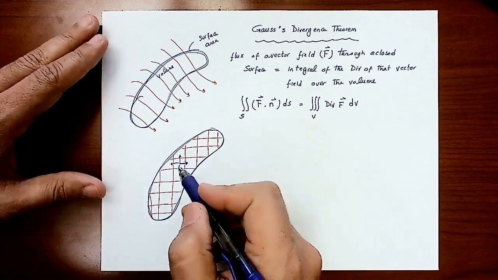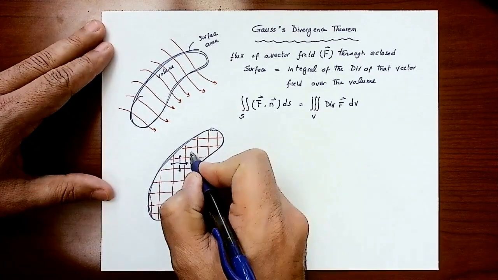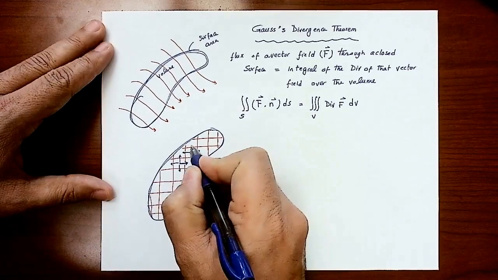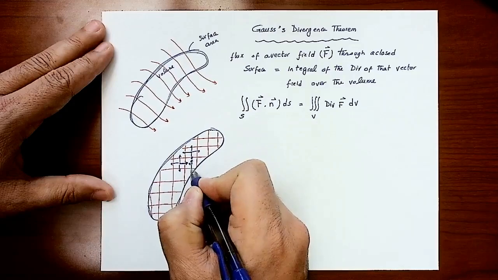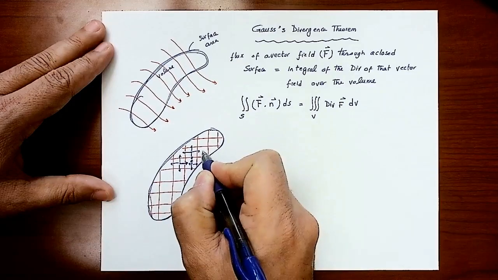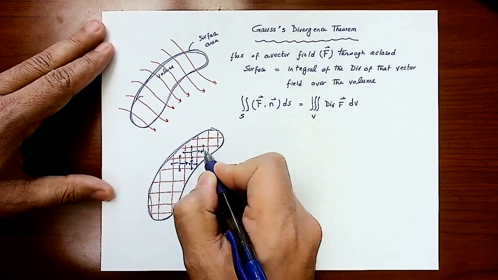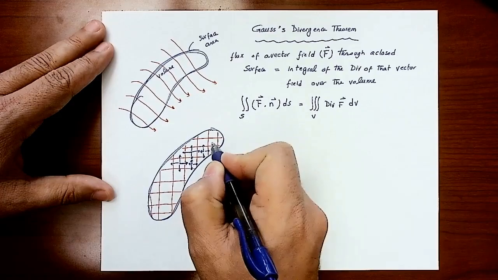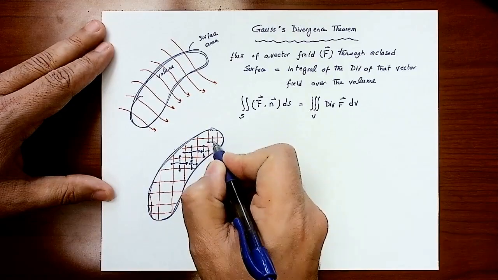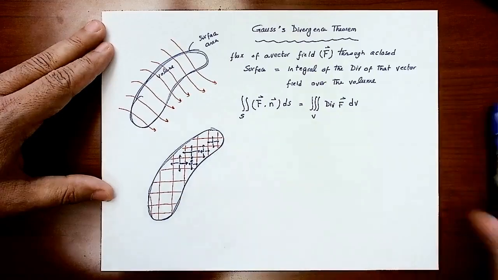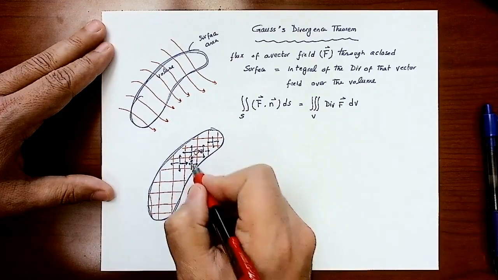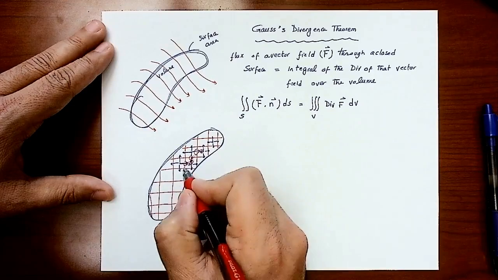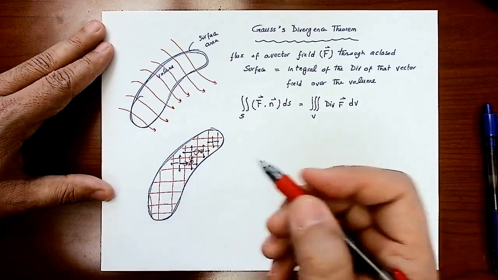But if I look at this cell and the neighboring cells, what you're going to notice here is that you always have canceling vectors internally. So this vector will cancel this vector. This vector will cancel this vector. This one will cancel this one. They are against each other, right?